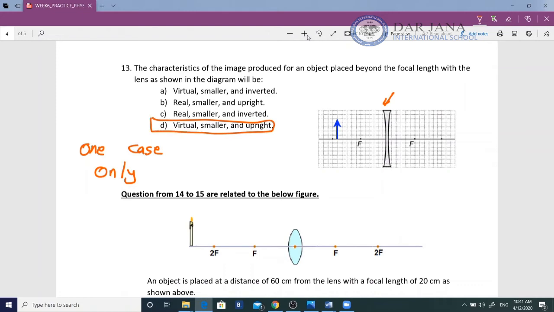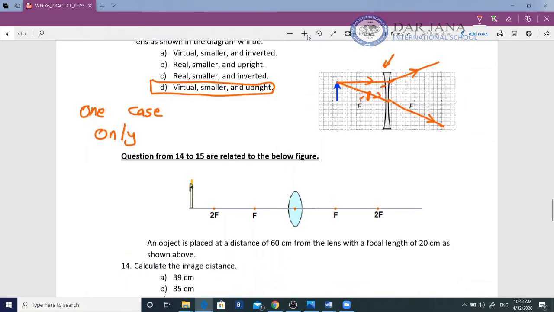It's only one case. So if we take a parallel ray, it will diverge. Since it is a diverging lens, it will diverge from the focal point that way. If we take a ray parallel to the optical center, it will continue undeviated. Here is the image. We will have always this type of image.